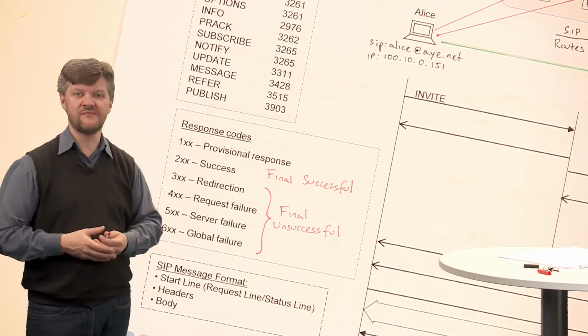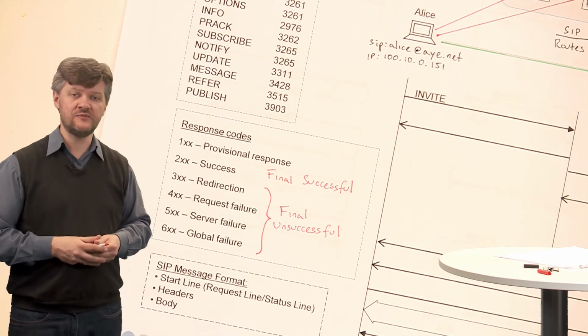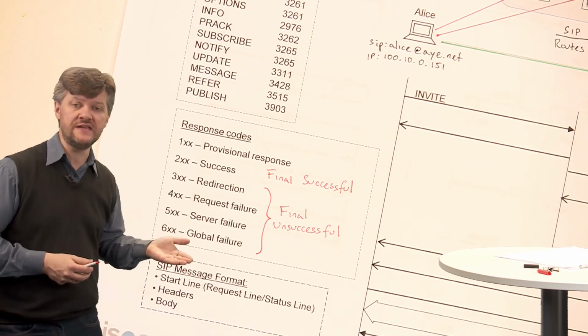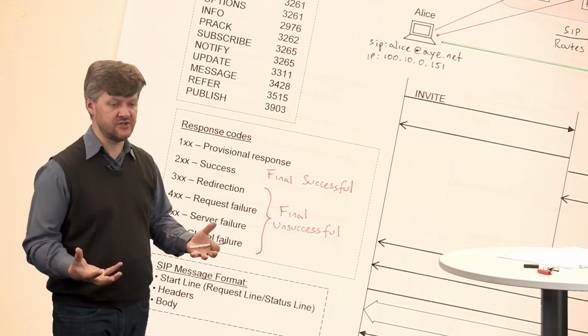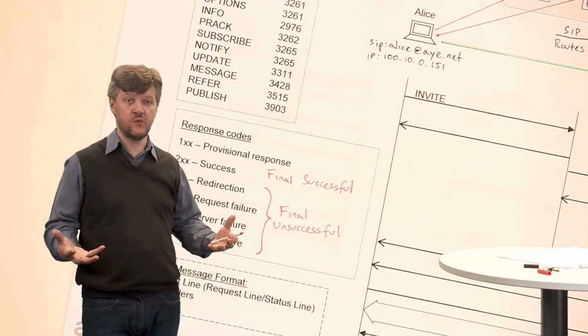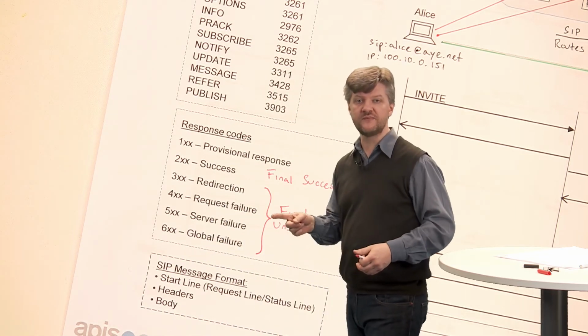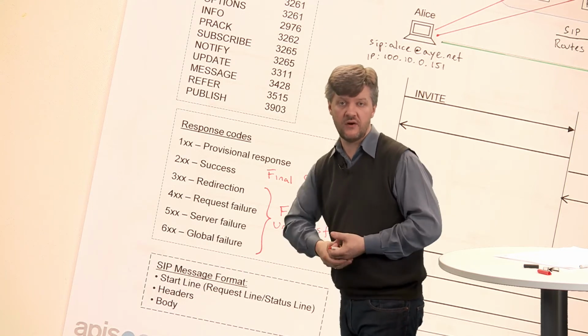It really isn't. We'll come back to the 600s later on in this course, but SIP actually makes use of the fact that this is an increasing level of failure. So if you have several response messages and you want to choose the best one, you just look at the number. If I have a 400 response and a 500 response to choose from, the best one is the 400 response.